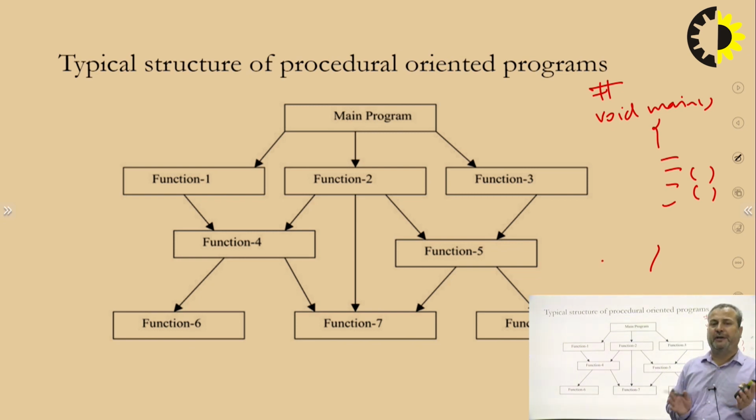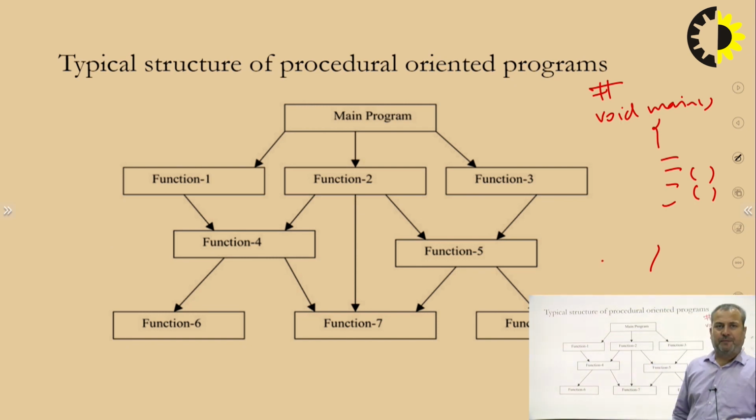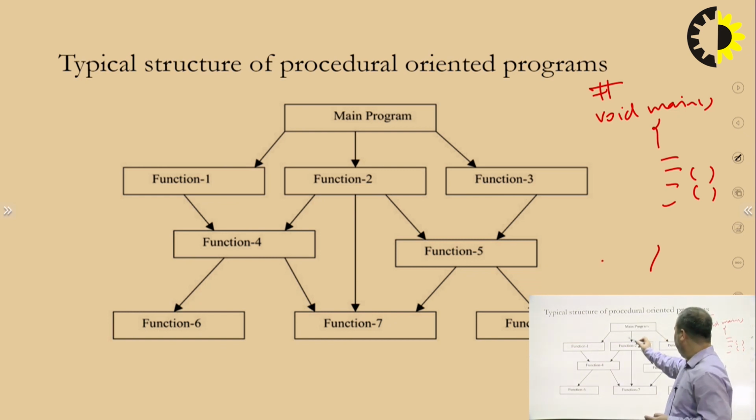Any function which we require to be used by some function, they will simply call that function, and the execution begins, or you can say the code is invoked, and you get the result, right? So here if we see the diagram itself, main is using function 1, function 2, function 3.